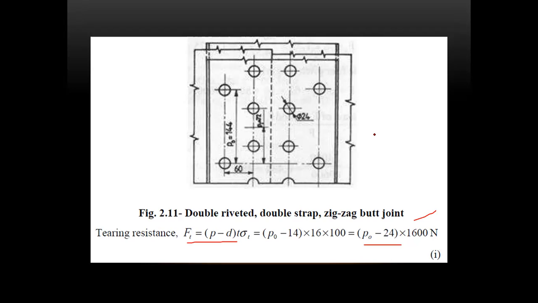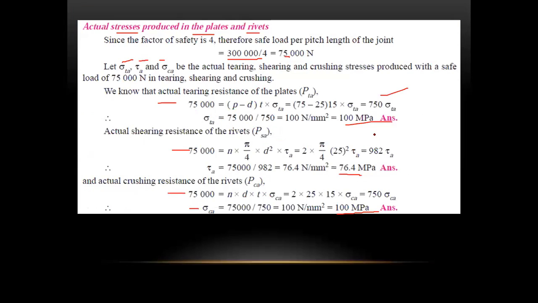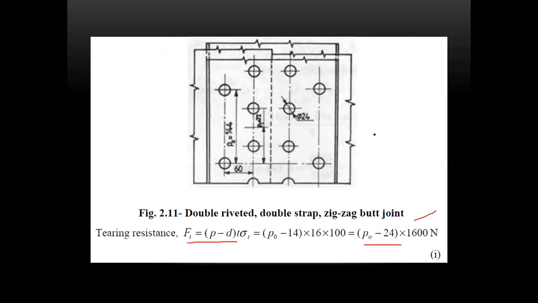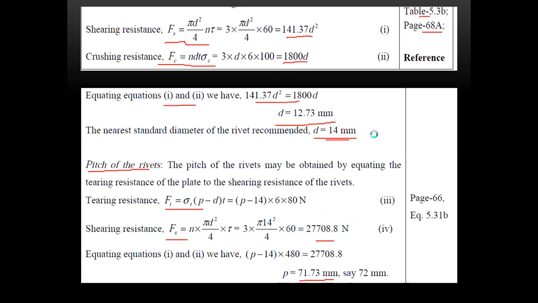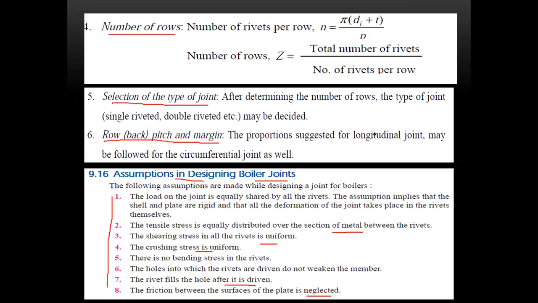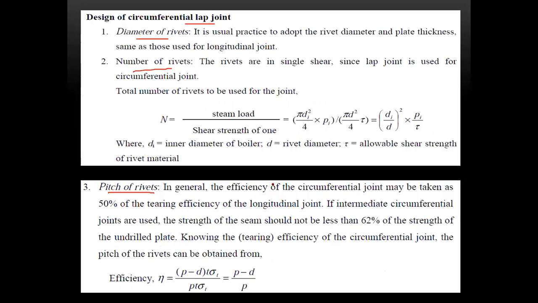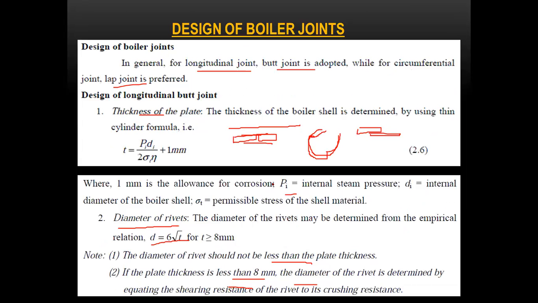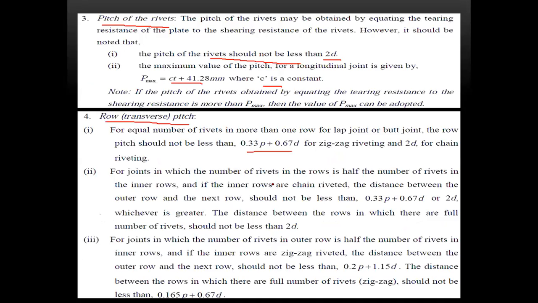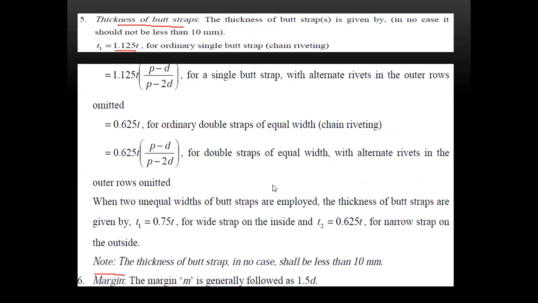So next, in the 11th lecture we will discuss the concept of welded joints. With this I can assure that if you practice these problems and the concept, definitely you will score good marks. Also there is the question of assumptions in designing boiler joints. When designing the boiler joint, you take the circumferential and longitudinal butt joint and you can design the boiler joints. Got it?